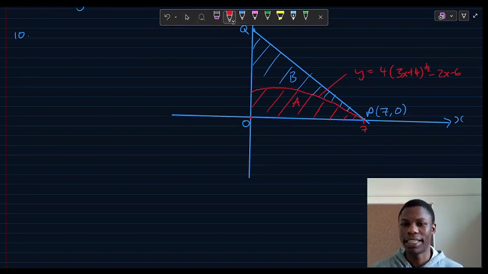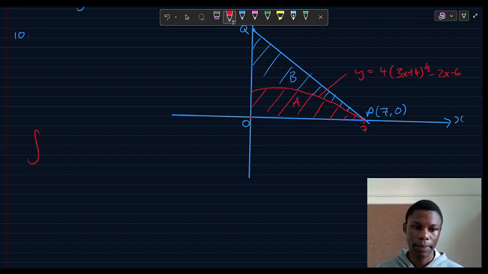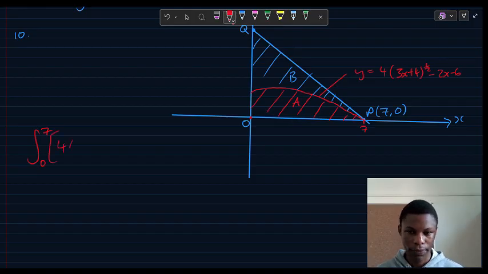That's just area under the curve. There's really nothing to it. So that means we just need to integrate our curve from 0 to 7. So that's the integral of 4 times (3x plus 4) to the half minus 2x minus 6 dx.